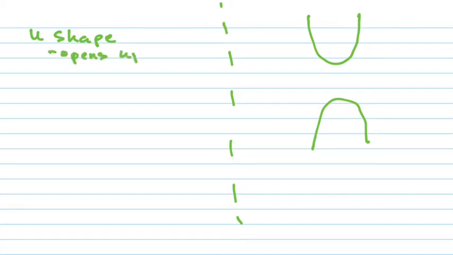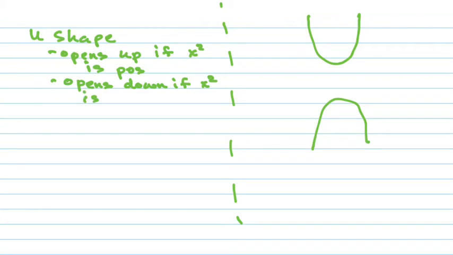It opens up if your x squared is positive. Makes sense, right? Positive, open up. And it opens down if your x squared is negative. Okay. So you know which direction it's going to go based on that x squared.